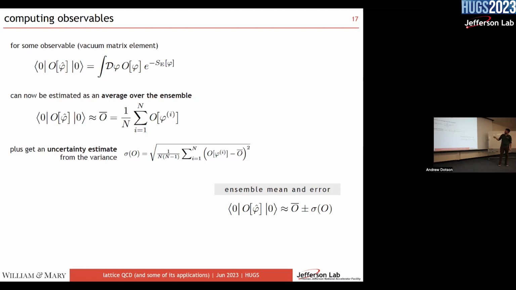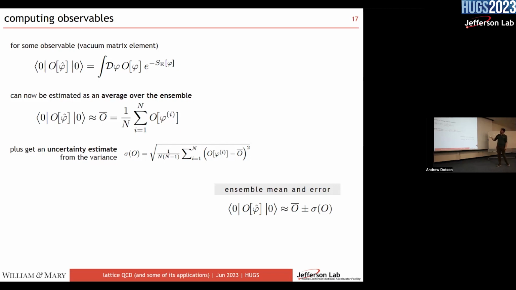But if you have drawn fields from this probability distribution, then all you need to do is average the value of this operator acting on the fields over your configurations. Right? If you draw from a probability distribution and just average over the things you have drawn, you will get the correct answer. That's what drawing from the right probability does for you. This is just the definition of an average. This is not any more deep than it looks. It's just the definition of a weighted average.